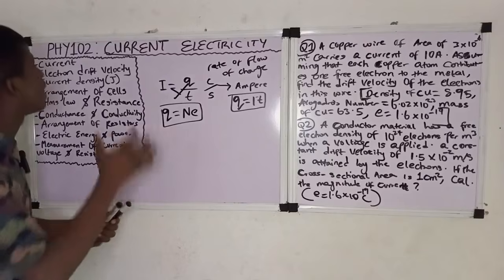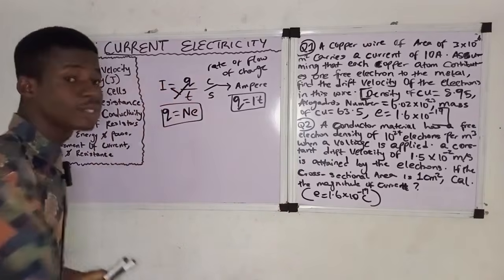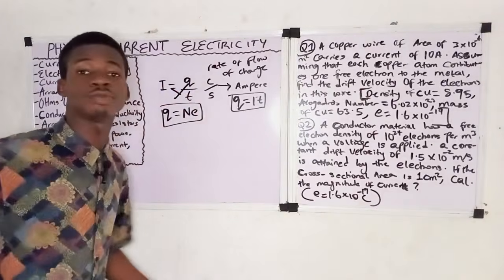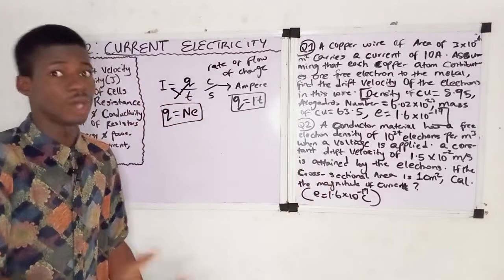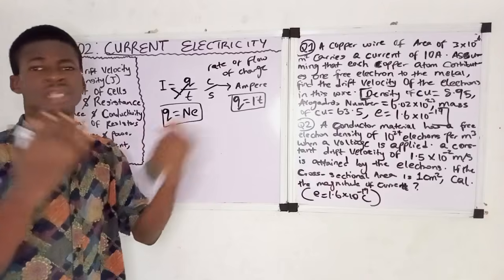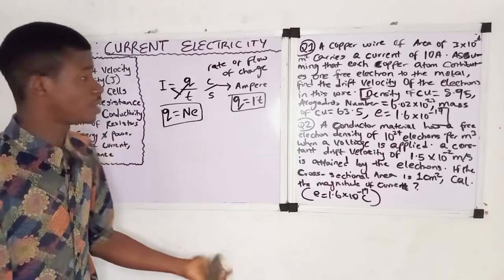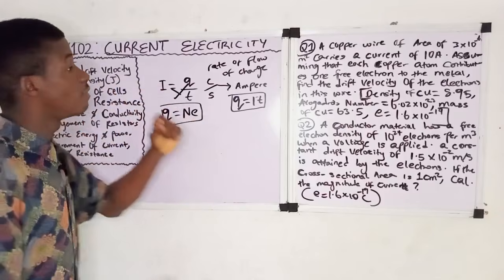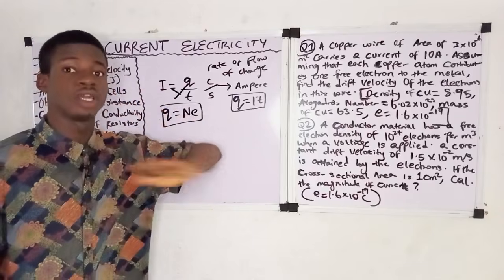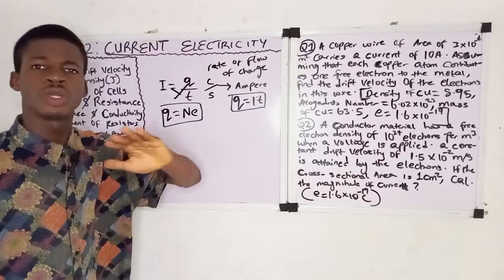Electron drift velocity is the average velocity of electrons moving in a conductor. That is electron drift velocity for you. The average, that is very important. The average velocity of electrons moving in a conductor.